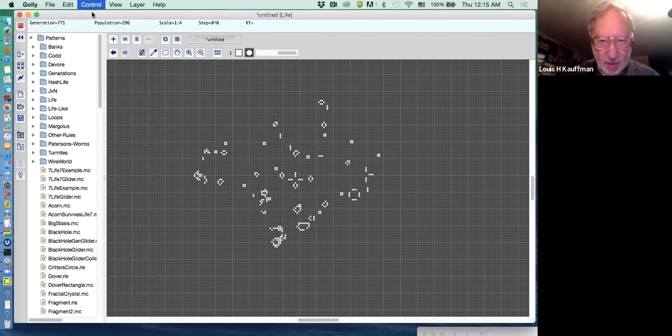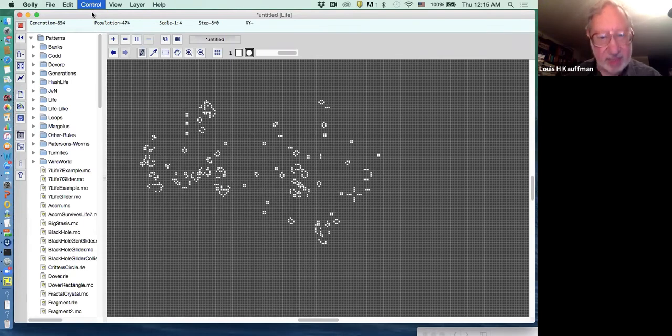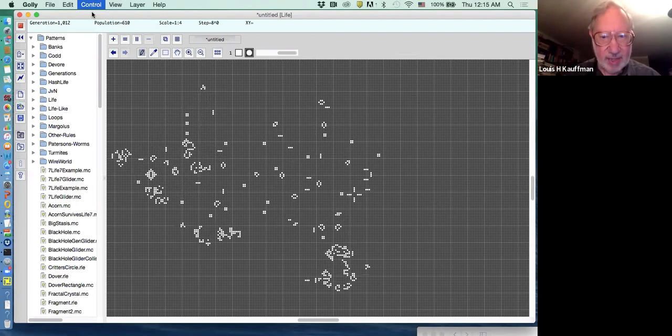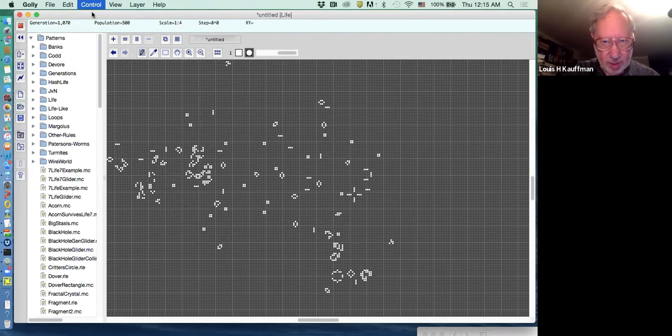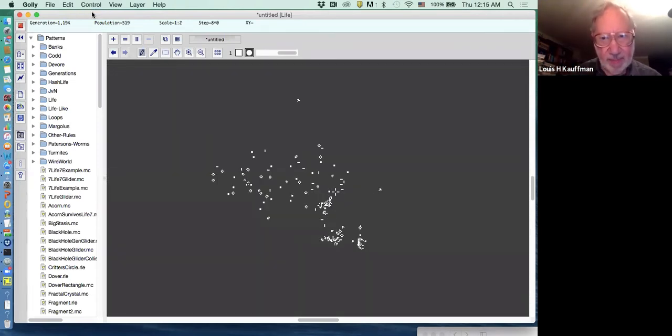It may take a little while. Let's watch this one. Except, of course, for the gliders, which may continue on into the outer board. There's one going off into the outer board. And since this board is quite large, those gliders will keep on going and going and going.